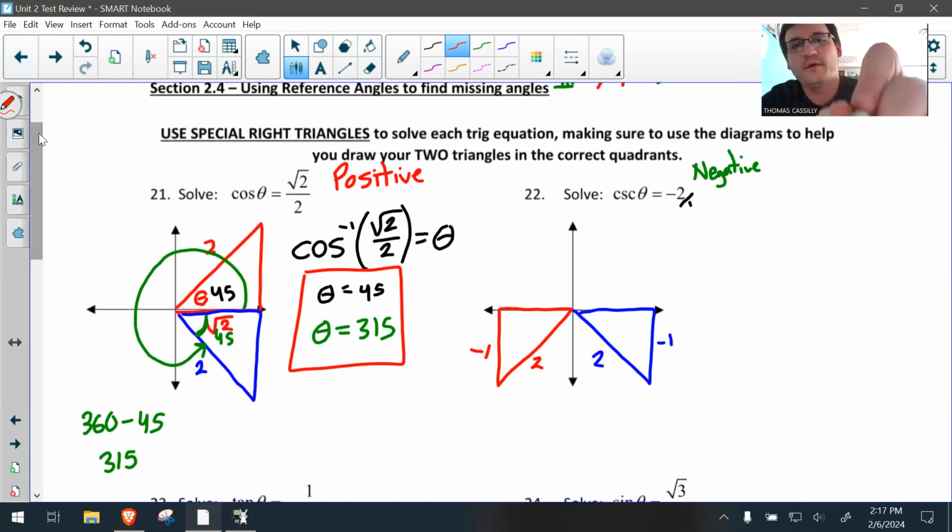Right? So let's keep in mind, we have a 30-degree angle. That is our reference angle, because we said reference angles are always positive.